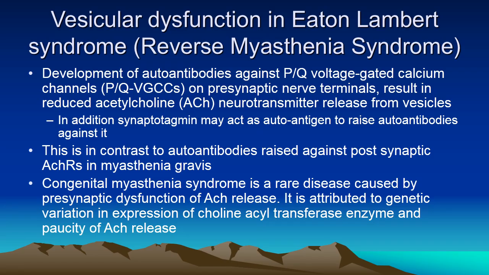Another is congenital myasthenic syndrome, a rare disorder where presynaptic dysfunction of acetylcholine is shown. It is attributed to genetic variation in the expression of the choline acetyltransferase enzyme, the key enzyme ChAT, and that results in reduced acetylcholine release, resulting in a myasthenia-like syndrome since birth.